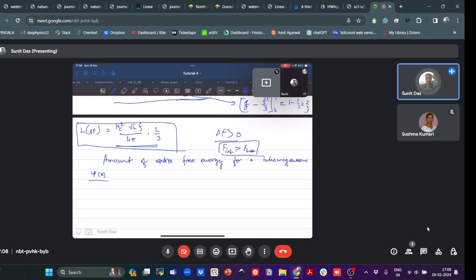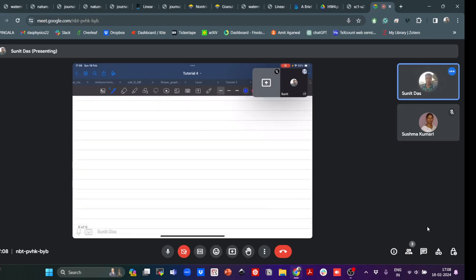Or they can also tell us to calculate the amount of extra energy of a superconductor at some particular temperature at the zero magnetic field, and then there is a finite magnetic field, right? So whenever we apply magnetic field, the superconductivity starts destroying after a certain value of magnetic field. So they can ask this basically.